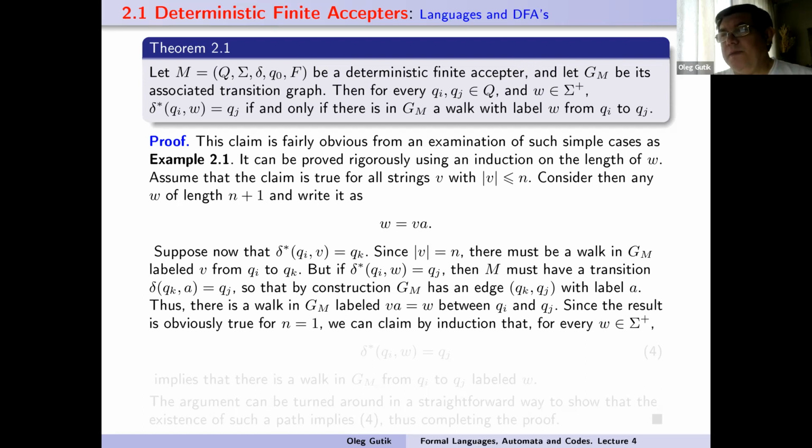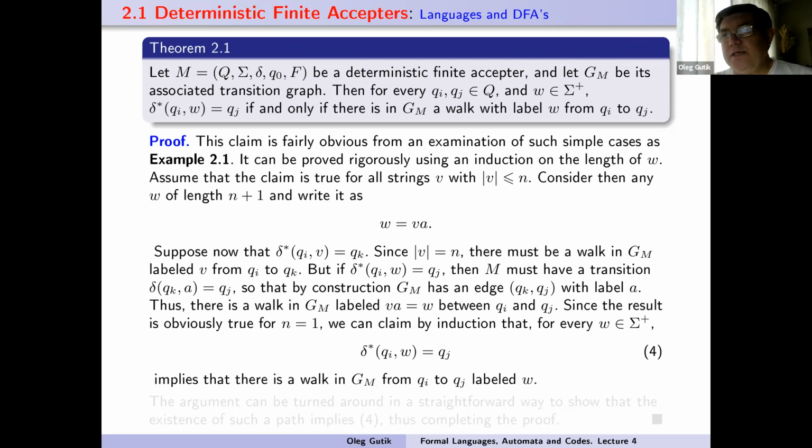that for every string w from sigma plus, we have that delta star of (q_i, w) is equal to q_j.